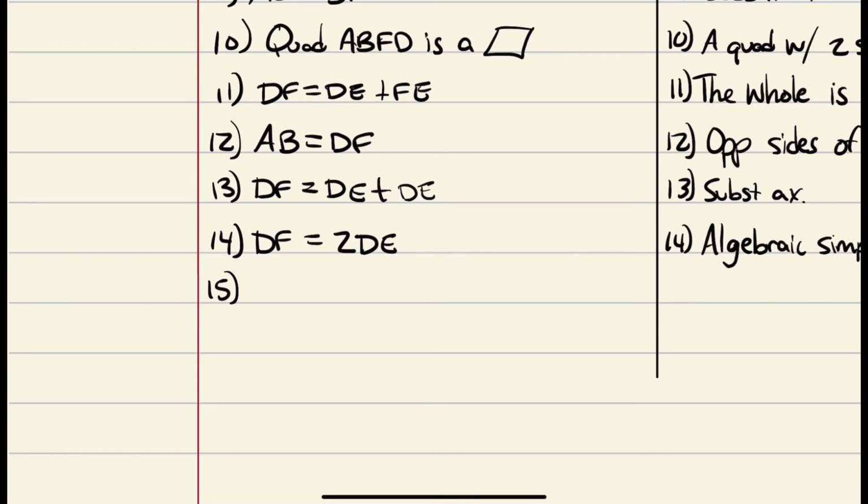Now we're going to substitute another time. Now we're going to say that AB equals 2DE. Again, we've already stated that AB equals DF. So if DF equals 2DE, that means AB has to equal 2DE since they equal the same thing. That's just substitution axiom there.